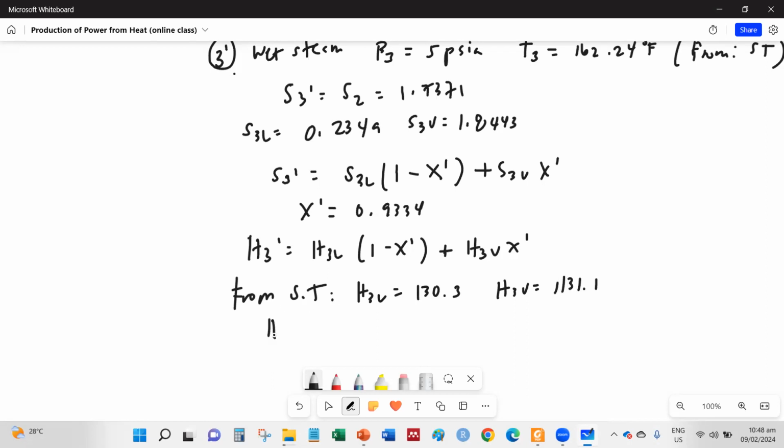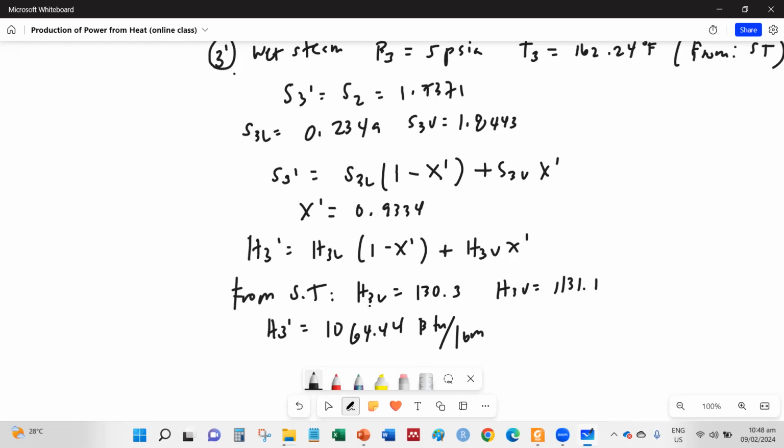So plugging those values into the equation here would give us H3 prime, which is 1064.44 BTU per pound mass. Okay? So that's H3 prime.